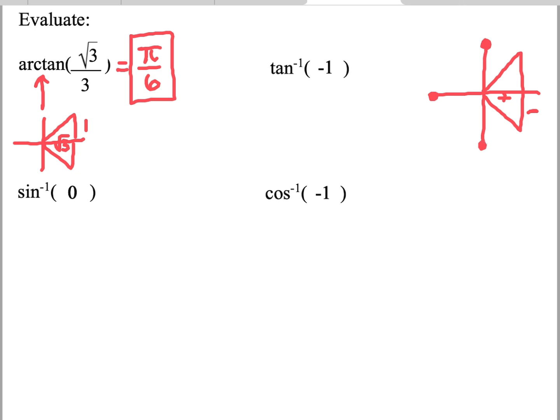For tangent, this is one that's 1, 1, square root of 2. Watch for that. That sometimes messes me up. So actually, inverse tangent of negative 1 is the angle 45, 45, 90. So that would be a pi over 4 in the fourth quadrant, so negative pi over 4.